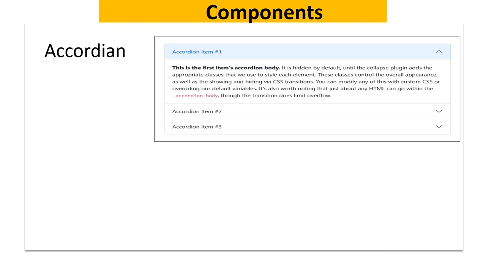The first one we are going to discuss is the accordion. It means I want to divide my display into three parts. You can see accordion item 1, item 2, item 3. Perhaps you see this kind of thing in Flipkart.